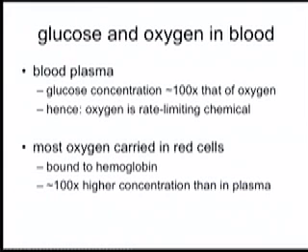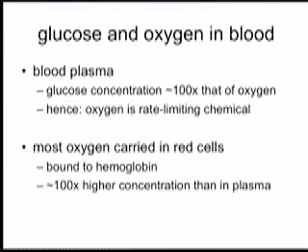Now, when we come to glucose and oxygen, the key question is, okay, what's the limiting factor, or the limiting chemical? If we just look at the chemical reaction for combining glucose and oxygen and the concentrations that are available, we realize basically oxygen is the rate-limiting chemical. And so that's what I'm going to be focusing on. What is the availability of oxygen?